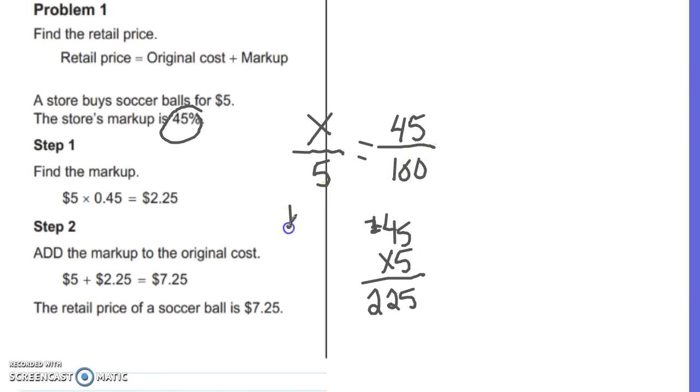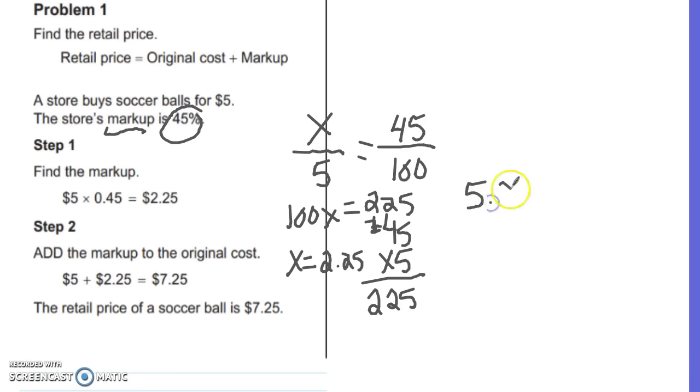Well, then I have to divide by 100. Remember when I divide by 100, it's like the decimal moves 2 hops to the left according to the 2 Dr. Pepper rule. So I get $2.25. This is a markup. Well, remember you take the original plus the markup and you add them together.